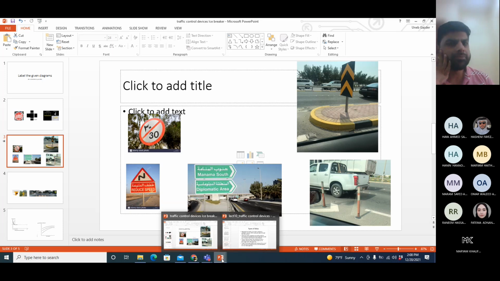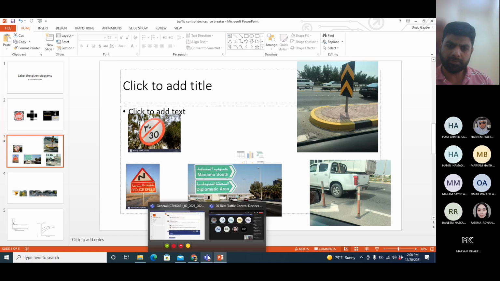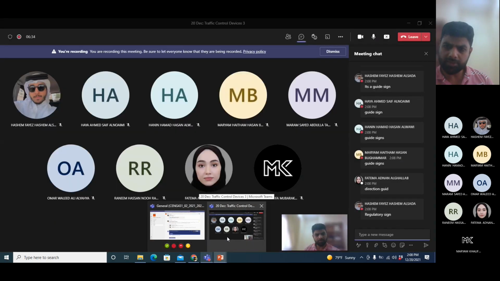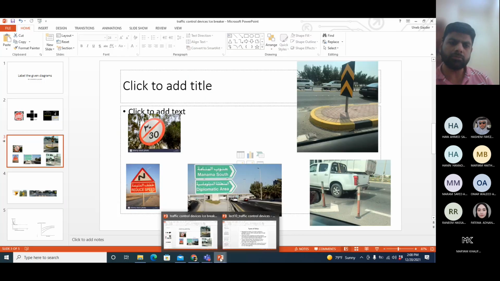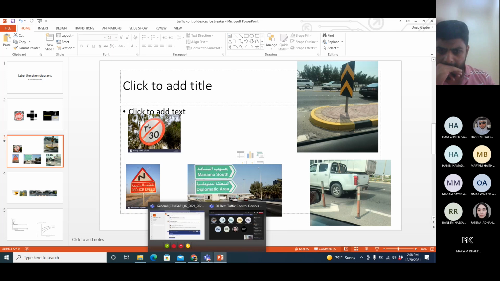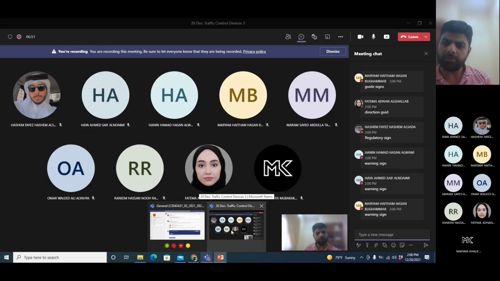What is it showing? It's a regulatory sign. Yeah, direction guidance sign, regulatory sign. Okay, fine. And one at the bottom, the triangular one with reduced speed. What is it showing? It's a warning sign. Okay, that's great.